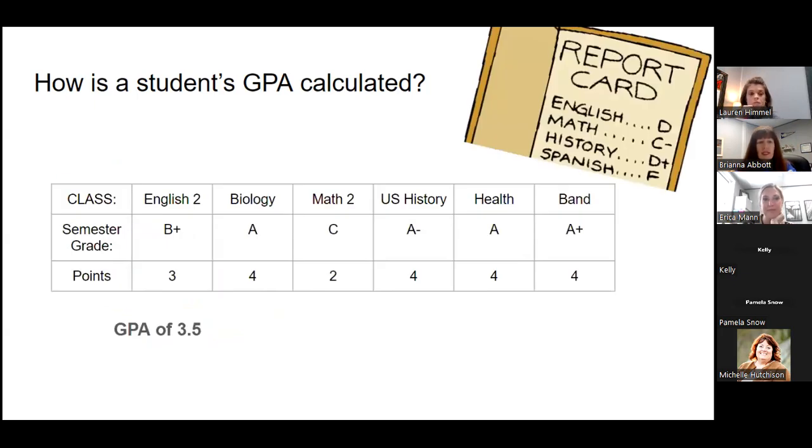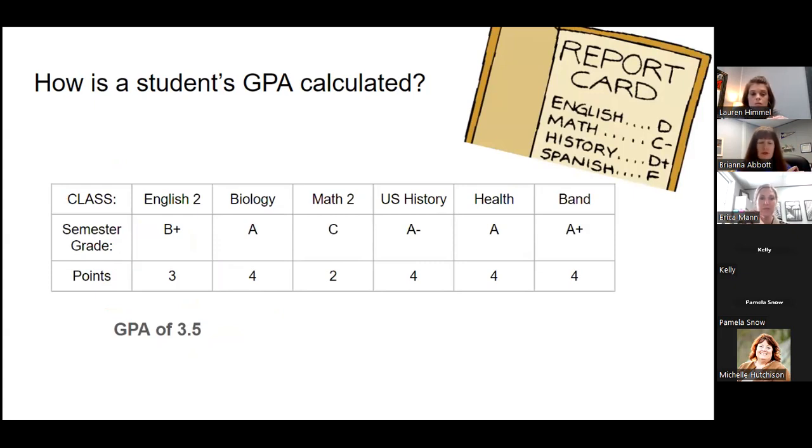So this might be my semester grade, and if I'm a sophomore, I might be taking English 2, biology, math 2, US history, health, and band. And if my semester grades are a B+, an A, a C, an A-, an A, and an A+, one thing you're noticing as you look at those points is that the pluses and minuses don't count any differently in Worthington.